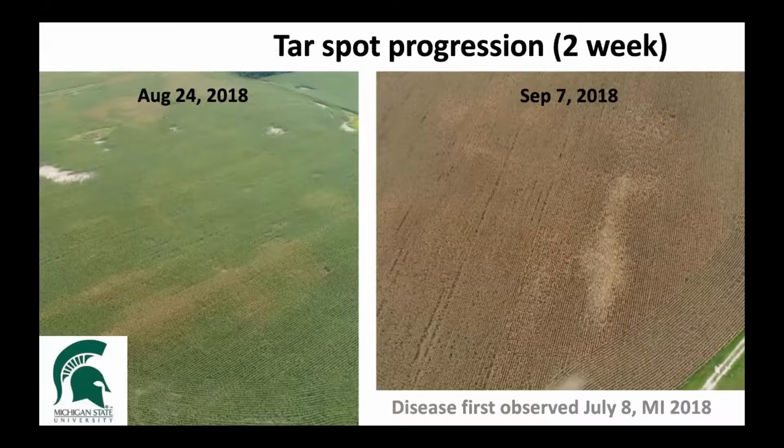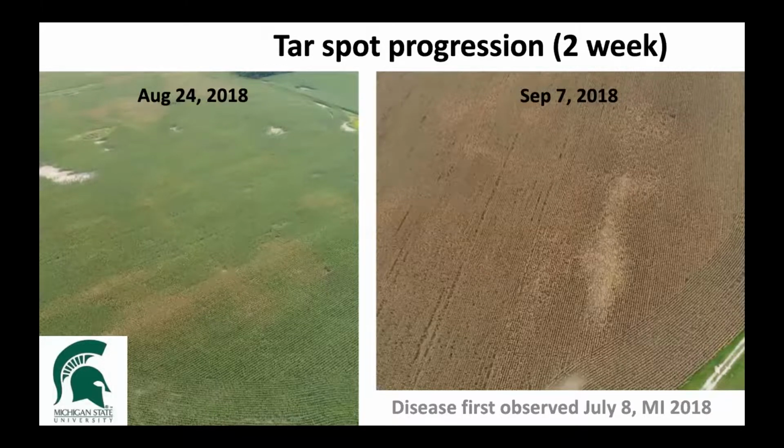You can see on the left-hand slide the browned areas of this field, and in a matter of 2 weeks, going from that to basically the foliage destroyed on the right-hand side. The very first stromata were observed in this field in Michigan on the 8th of July.